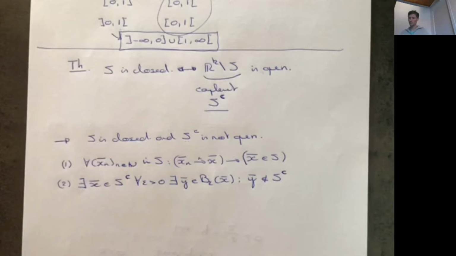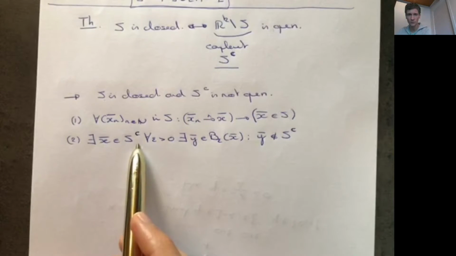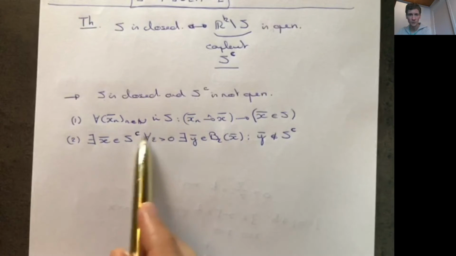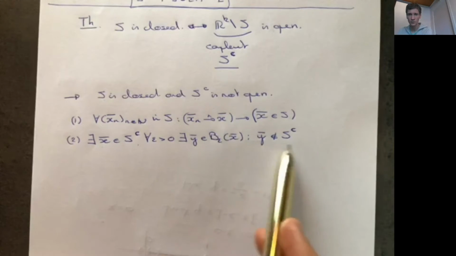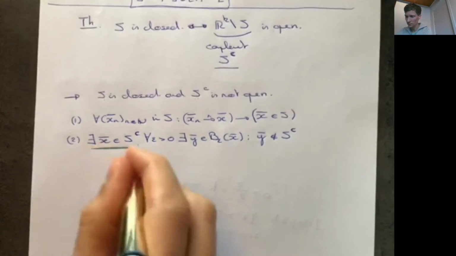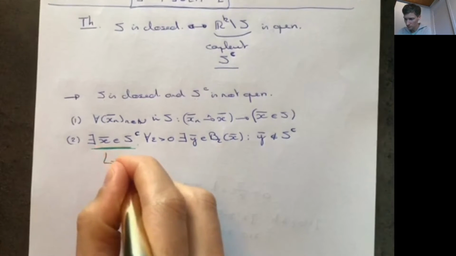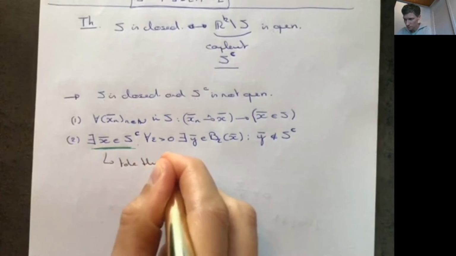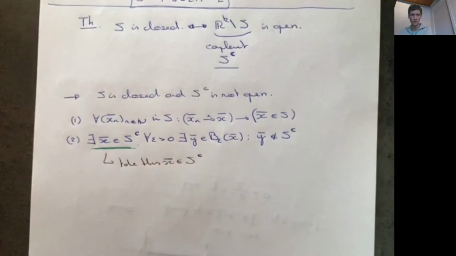So let's think about what happens here with the second one. I can find something in the complement such that for any epsilon, I can find something in this ball such that it's not in the complement. So let's take this x, which is in S^C.